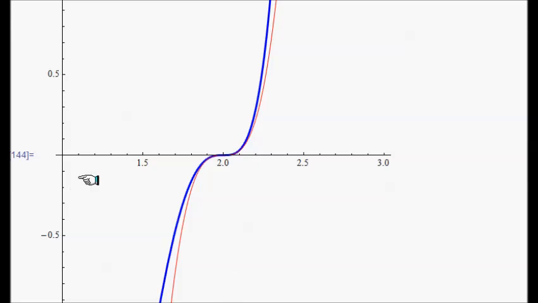Notice that this time we zoomed in quite a lot. This is only 1 unit to the left and 1 unit to the right. It's changing quite quickly as soon as you go to the right by just 0.1 unit. You can see they're slightly different, but it's still picking up the qualitative behavior quite nicely.